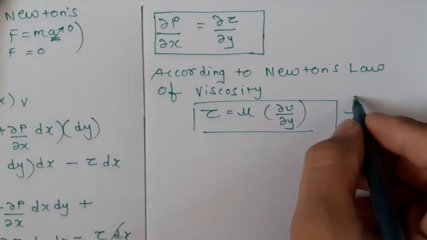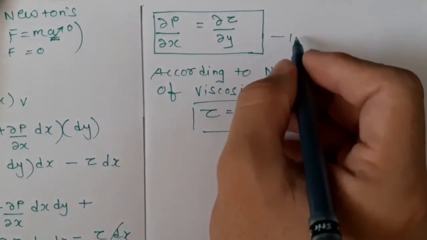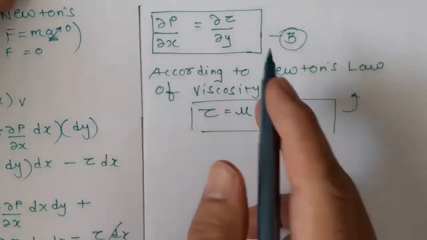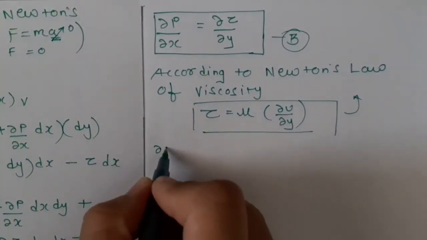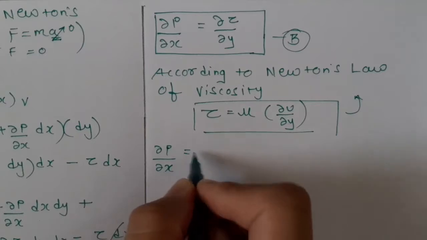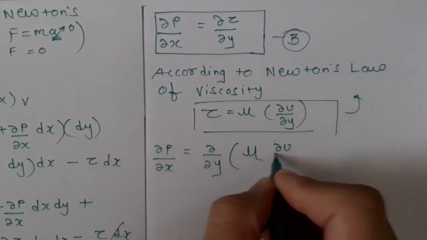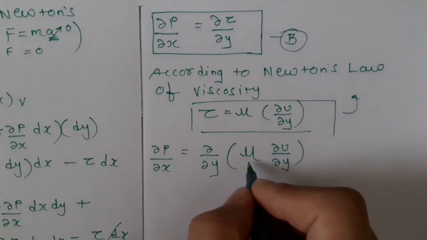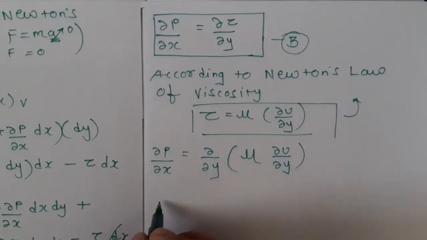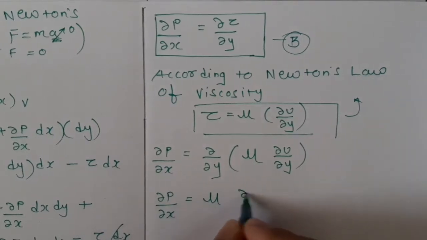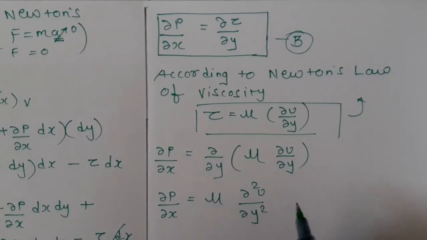Substituting this τ in the above equation, equation number 3, we get ∂P/∂x equals ∂/∂y of μ ∂u/∂y. Now as μ is constant, taking it out of the derivative, we get ∂P/∂x equals μ ∂²u/∂y², okay.